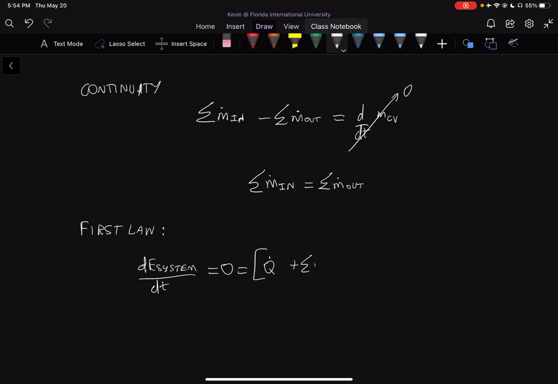plus the sum of the mass flow rates in times (hi plus vi squared plus gzi) minus W dot plus the sum of the mass flow rate exiting times (he plus ve squared divided by 2 plus gze).